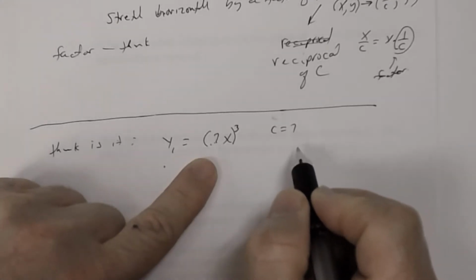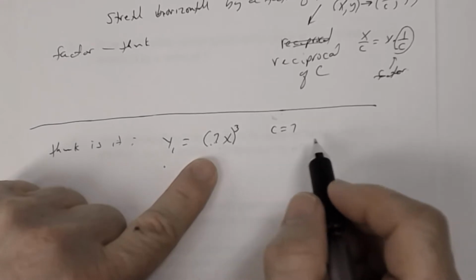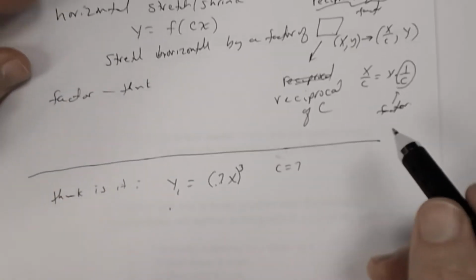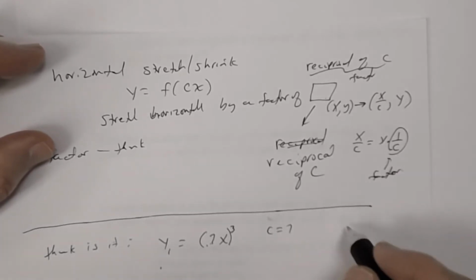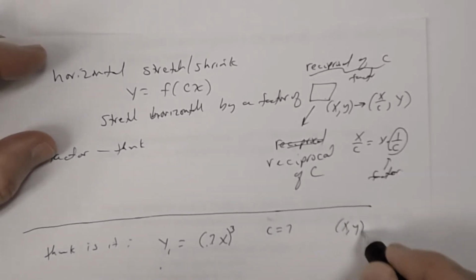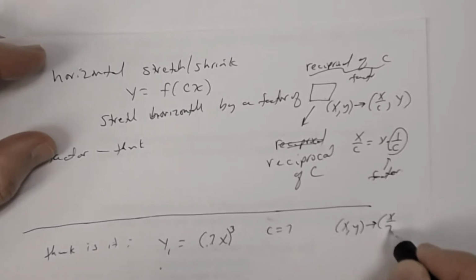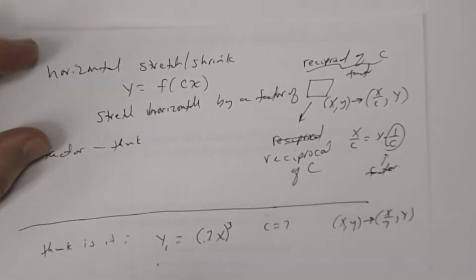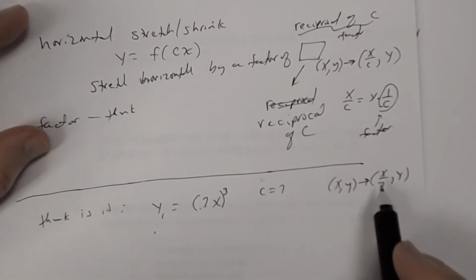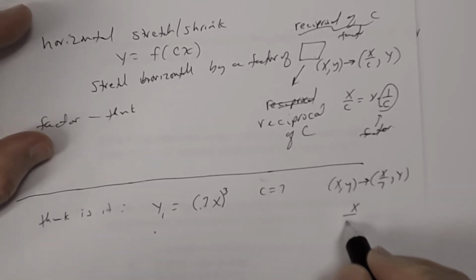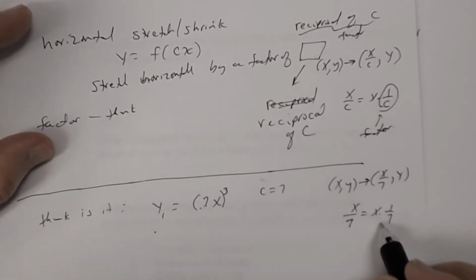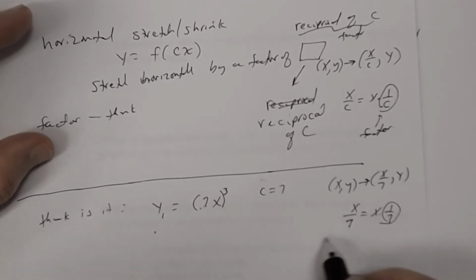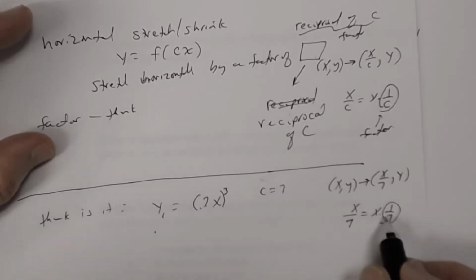When c is 7, you're saying x divided by 7. So that means (x, y) would become x divided by 7 comma y, whatever y is. But you've got to remember x divided by 7 means x times 1 over 7. So that would mean you're stretching by a factor of 1 over 7.